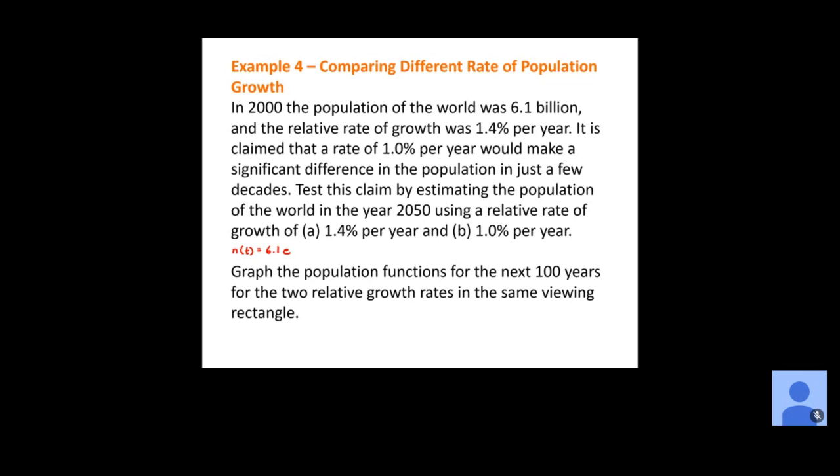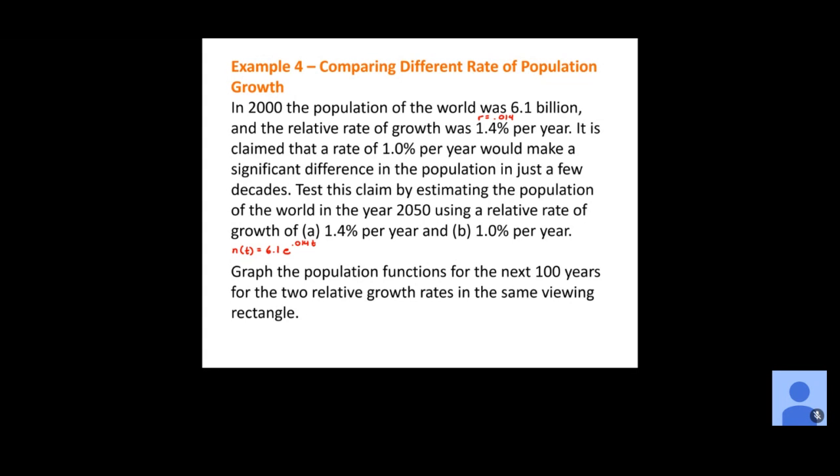And then we actually need our rate of growth this time. Okay, so when we do our rate of growth, this time it's only 1.4%. And so if we convert that to a decimal, that's going to be 0.014. We got 0.014 times t. Right, so that's our model now for what we think the relative rate of growth is at 1.4%.